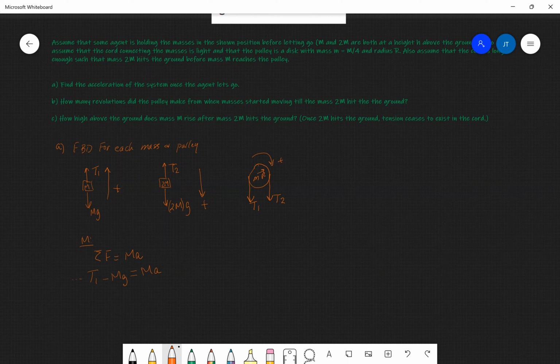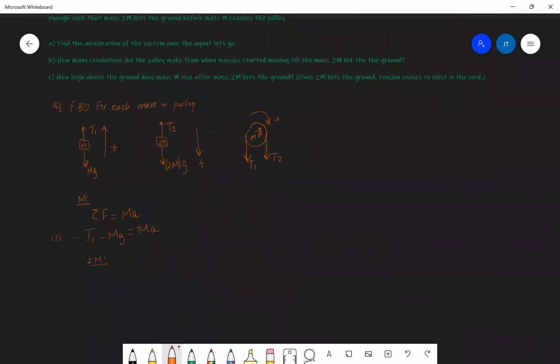So this is equation 1. For mass 2m, we have 2m times g pointing down, so that's the positive, minus T2 equals the mass times the acceleration, and the mass is 2m. So that's equation 2.